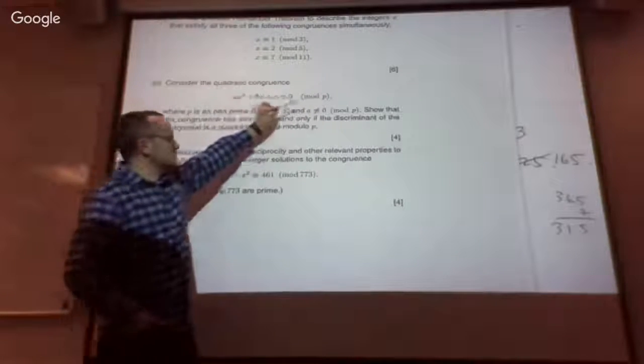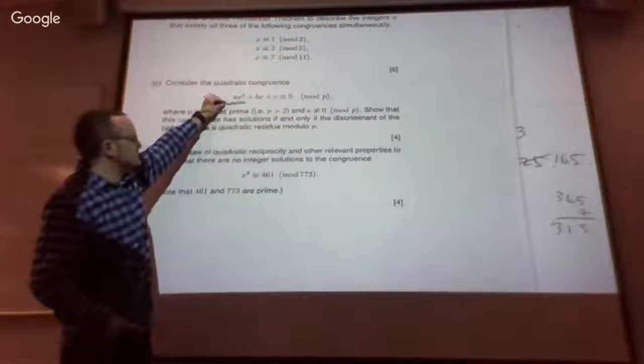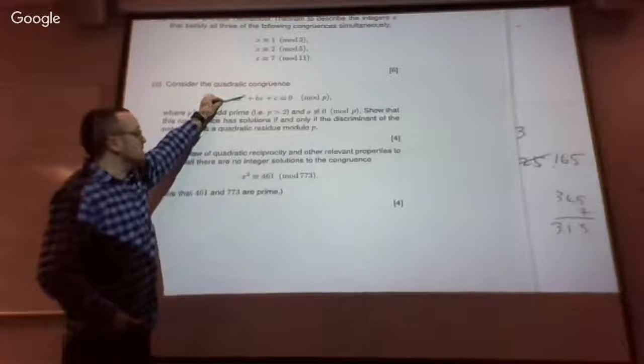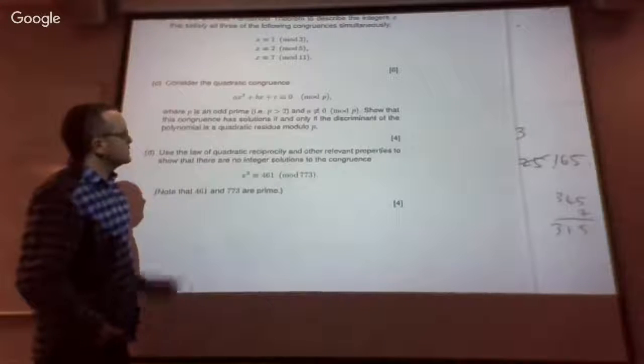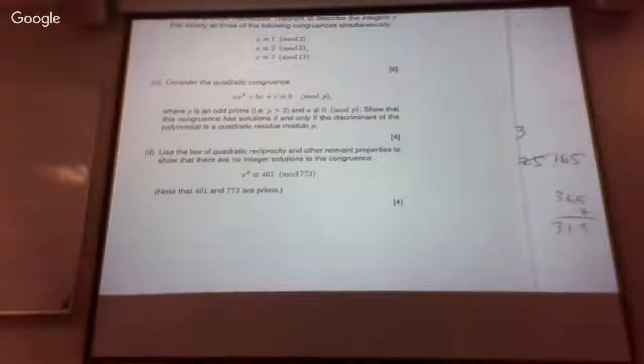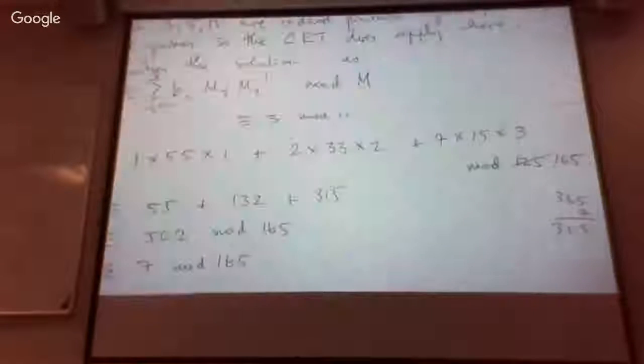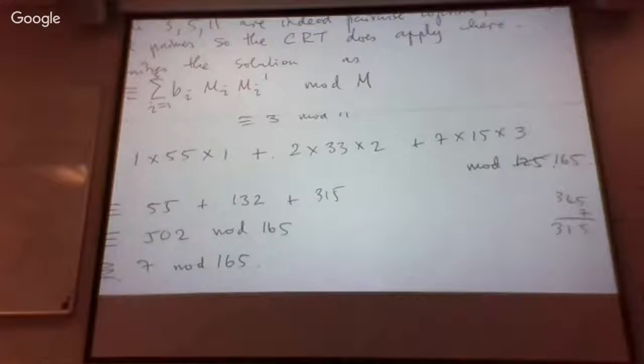This integer A is not a multiple of P, because if it were, then this is effectively 0 modulo P. So if you've got a genuine quadratic congruence modulo P, where P is an odd prime, show that this congruence has solutions if and only if the discriminant of the polynomial is a quadratic residue modulo P. There's just 4 marks going for this, so it's not too long a derivation.